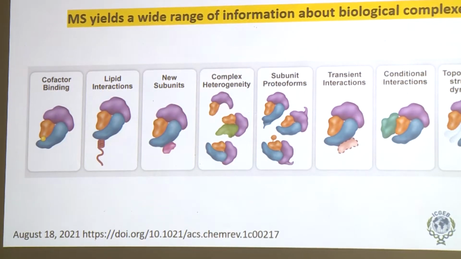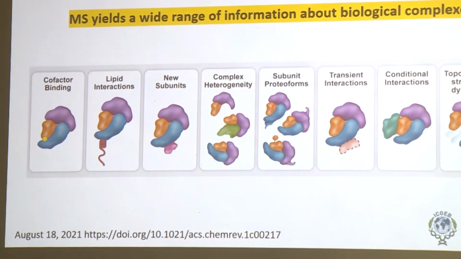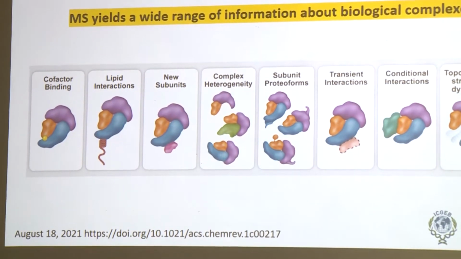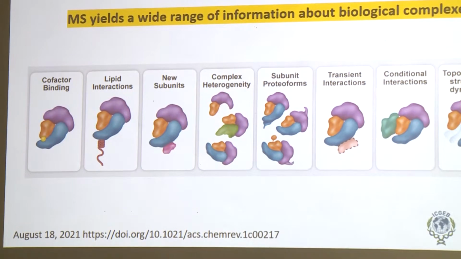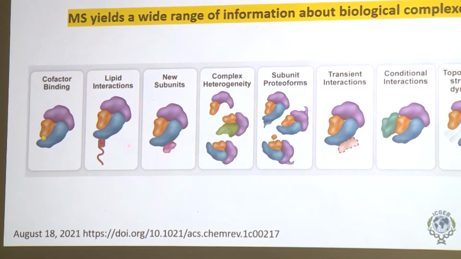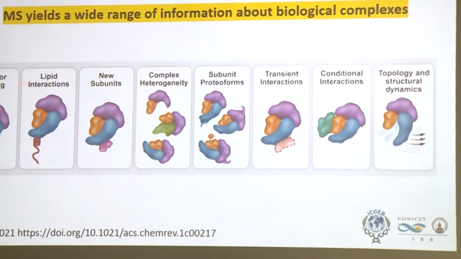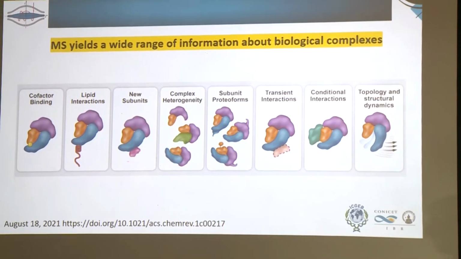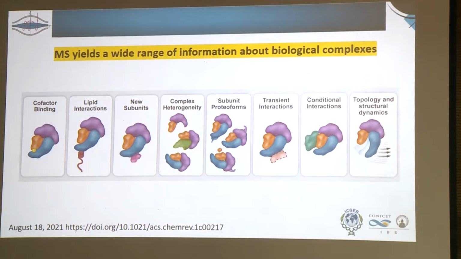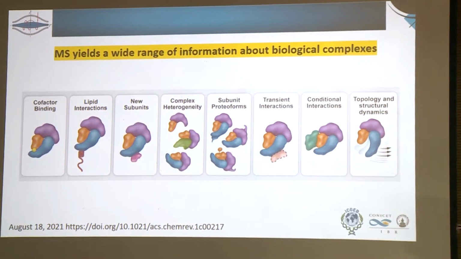So you know that mass spec can give you different information, so you can try to check cofactor binding, lipid interactions, interaction of subunits that have not already been identified.